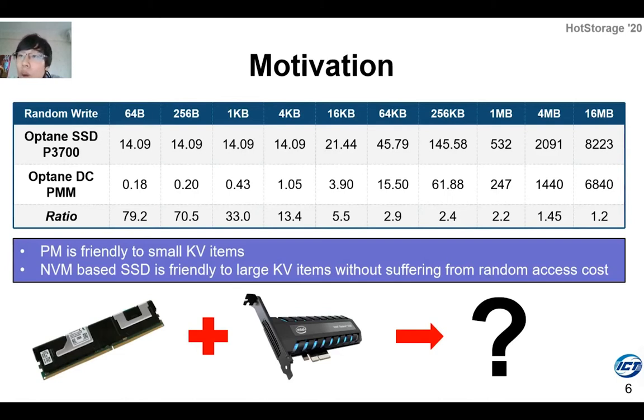As shown in this table, persistent memory is friendly to serve smaller data, and meanwhile, this advantage is weakened when data size increases. For example, when data size is 64 bytes, the write latency of Optane SSD is 79 times that of persistent memory. When the size increases to 64 kilobytes, this value is reduced to 3.